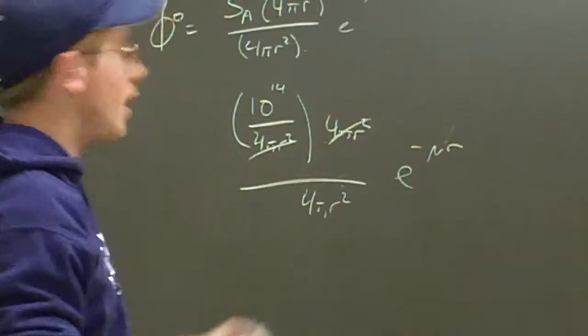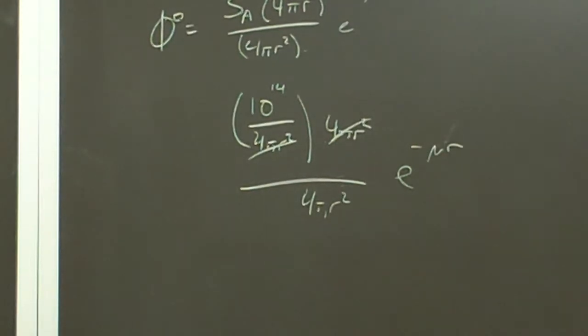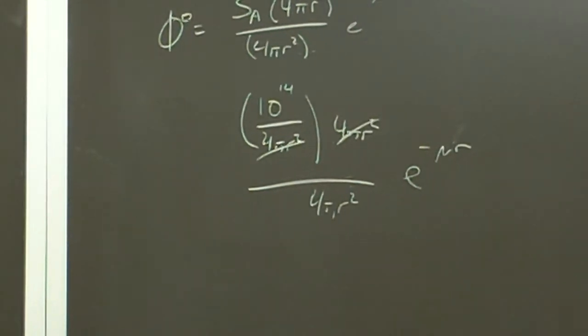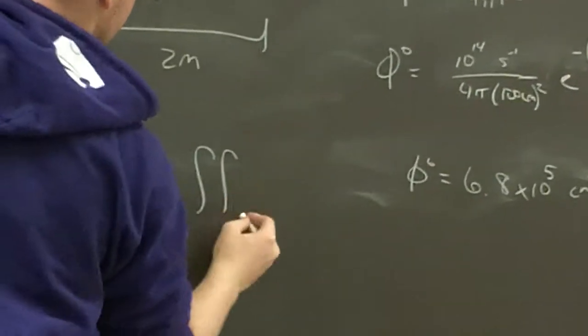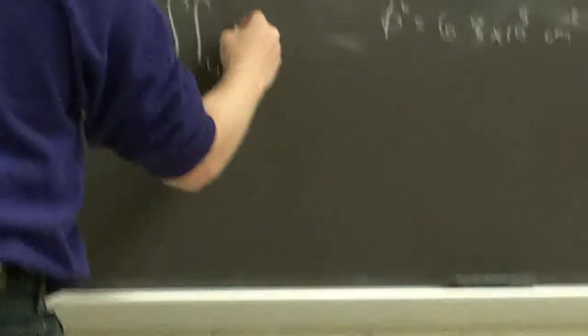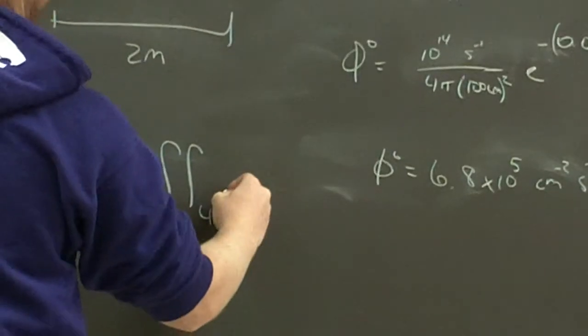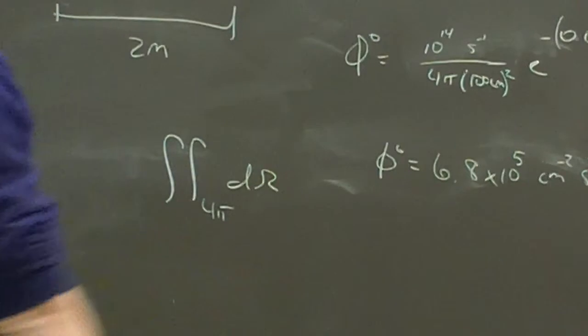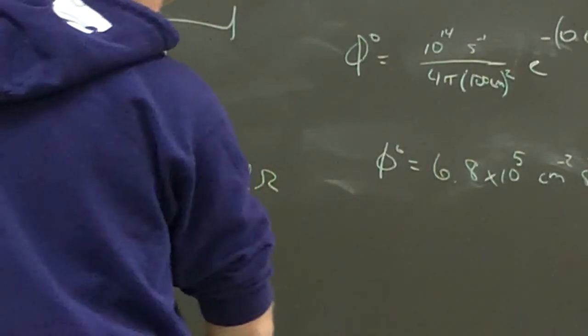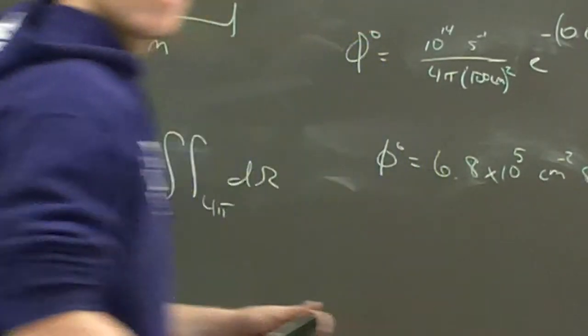And so you end up with the exact same thing. You'd end up with the exact same thing if you did it over 4 pi d omega, over the whole sphere. That makes sense? Okay.